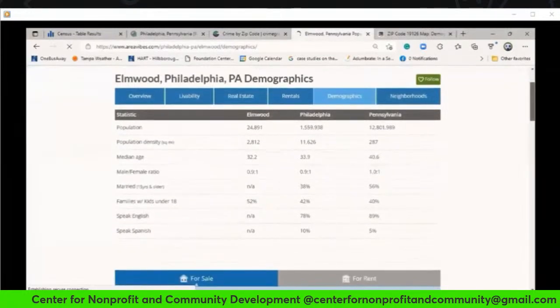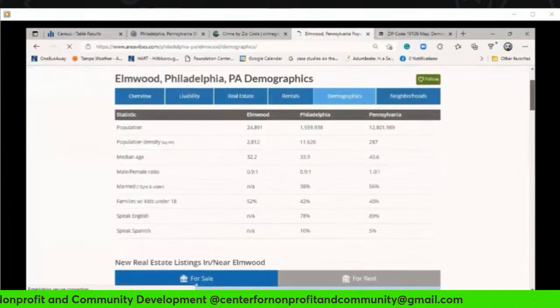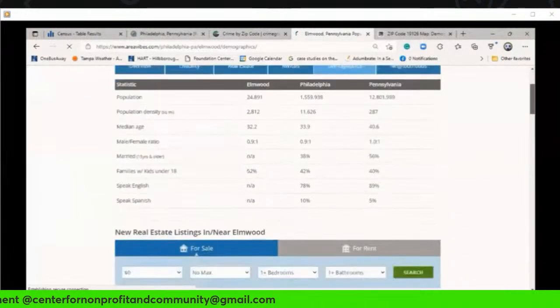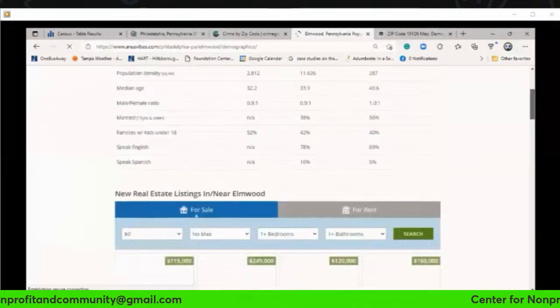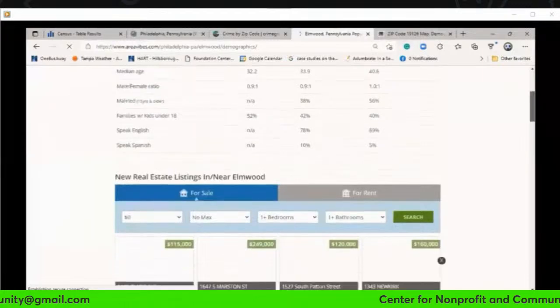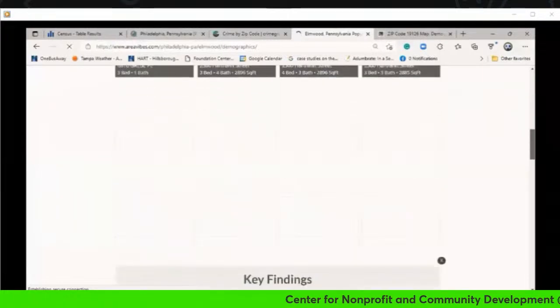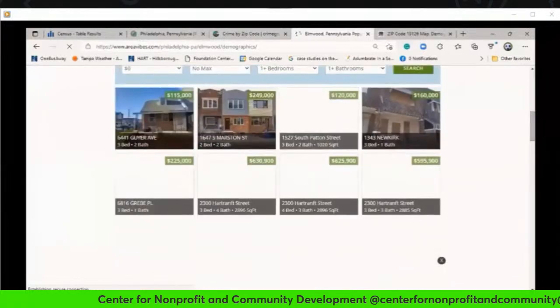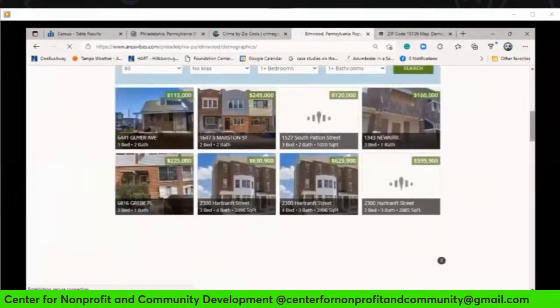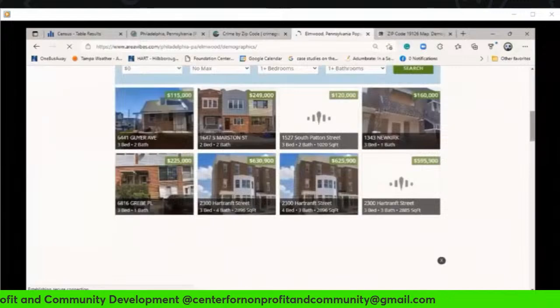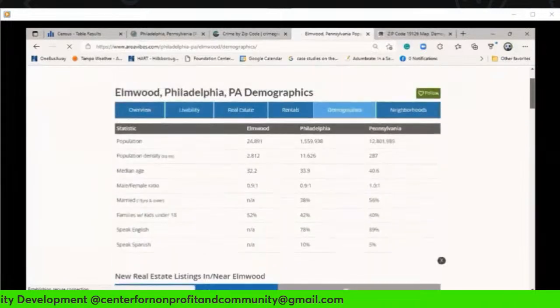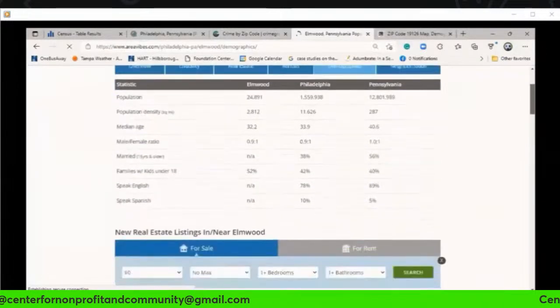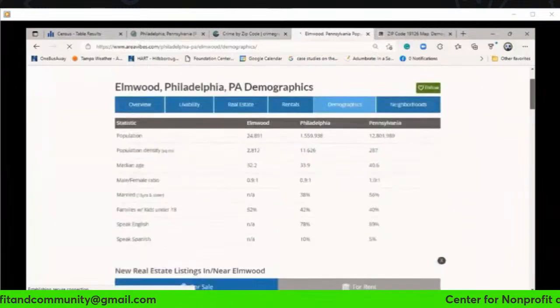And looking at the demographics, we can get information related to population, median age, male-female ratio. See what else can we get from this site? Unfortunately, we have a slow connection.